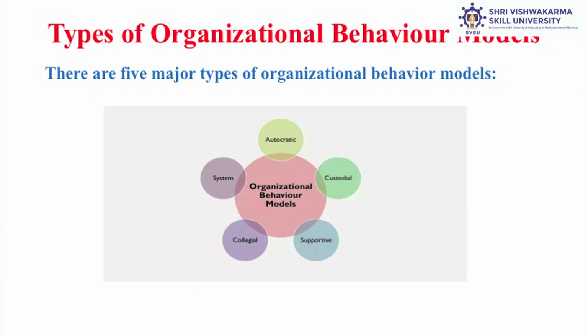Now, what are the different types of models? There are basically 5 models considered, and among them the very first one is the Autocratic model, Custodial model, Supportive model, Collegial model and System model.